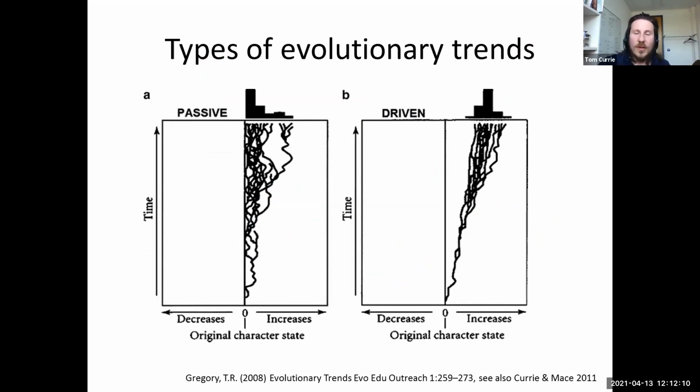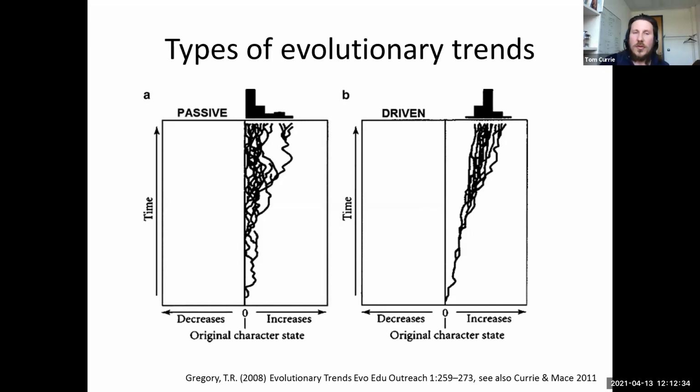We get larger scale, more complex forms of organization in biology. And biologists studying evolutionary trends have made a distinction between different types of evolutionary trends, or different possible ways that we might see evolutionary trends.